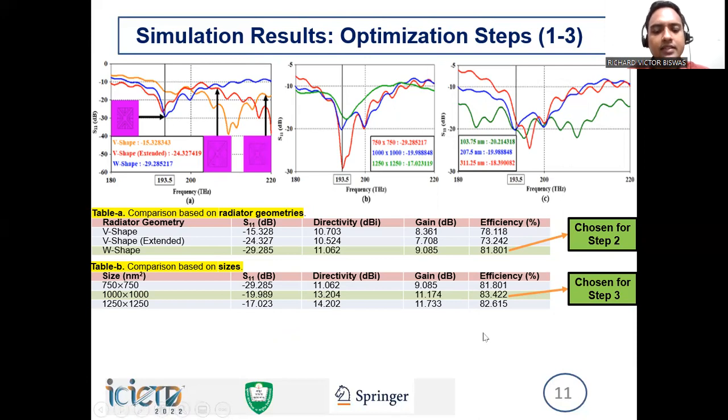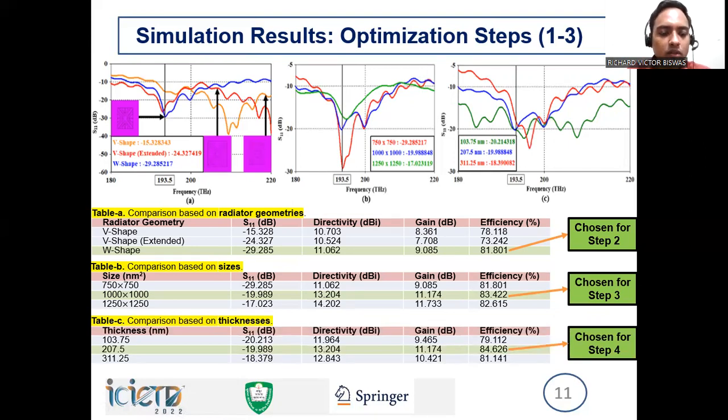In fact, a size of 1000 by 1000 nanometer square has been chosen for our proposed nanoantenna, which provides much better radiation characteristics: an S11 reflection coefficient of -19.989 dB and excellent efficiency of 84.626% as compared to the other ones.